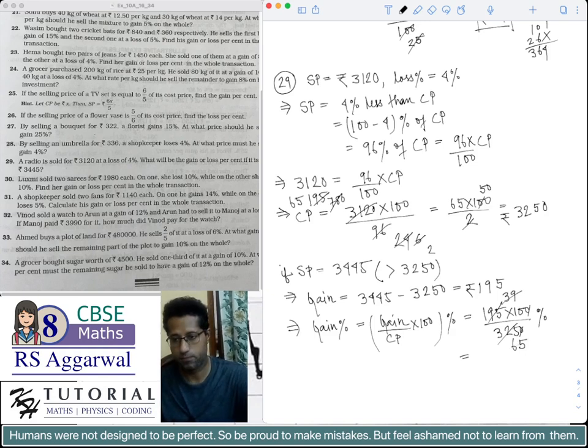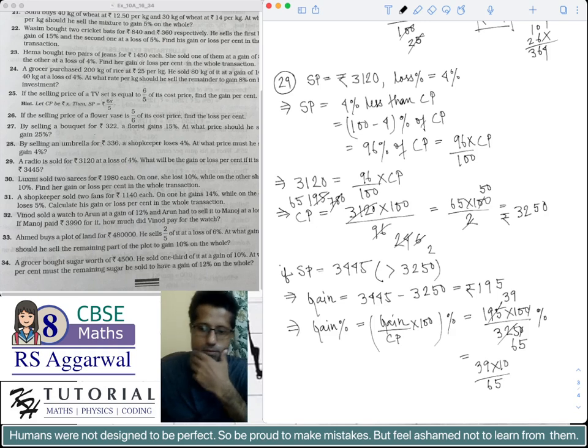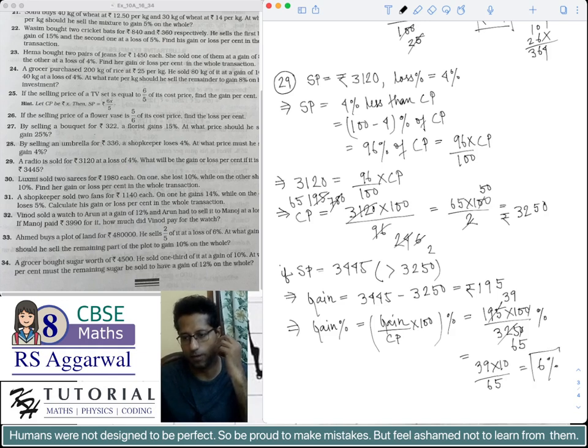So this is equal to 39 multiplied by 10 divided by 65, which is equal to 6. So there will be a gain of 6% if the selling price is 3445.